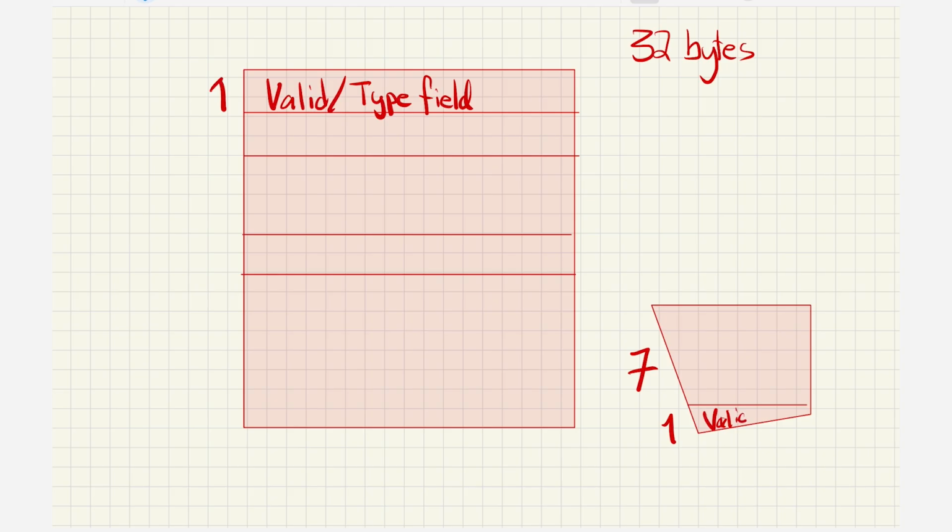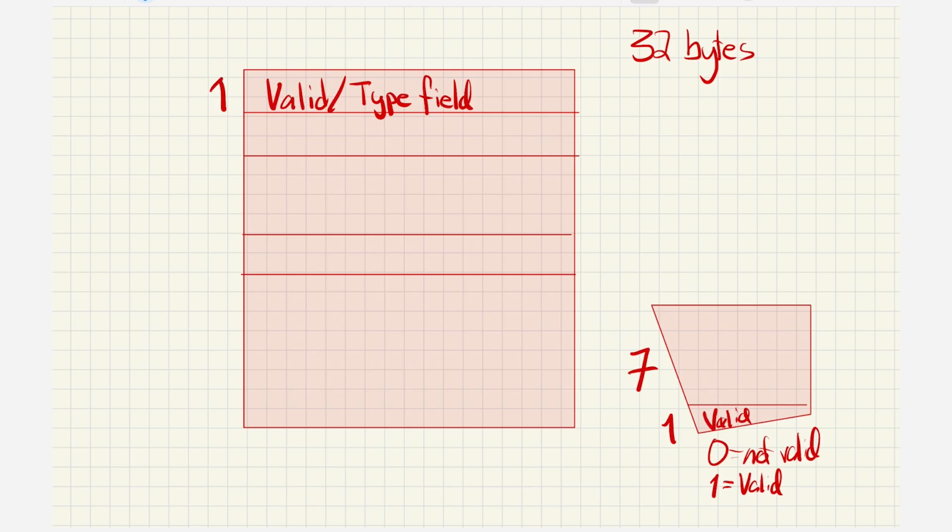So if it's 0, it means not valid, so basically that we don't have that file any longer. And if it's a 1, this is a valid inode. So the file is in use.